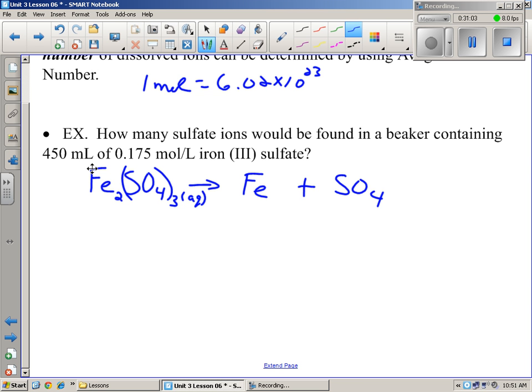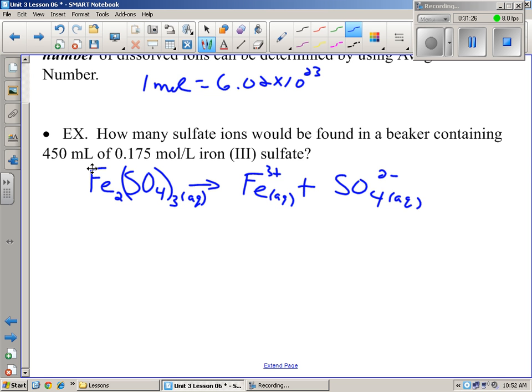Iron(III), that tells you it's Fe 3 plus, most certainly in water. Sulfate is a 2 minus, and that's most certainly in water as well. So iron(III) sulfate, you separate those two ions. Okay, we do need to balance it. So that's part of it.